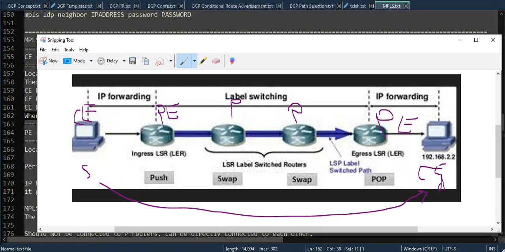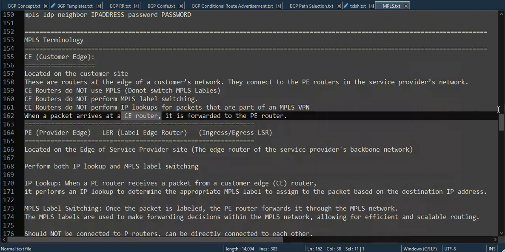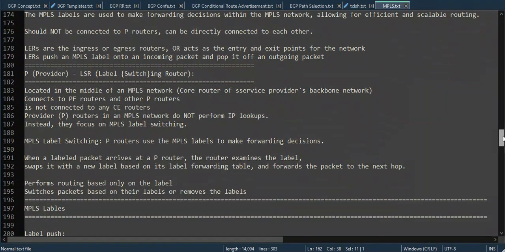And the last one is our P or LSR routers. P or LSR, label switch routers, are located in the middle of the MPLS network, the core routers of our service provider backbone network.